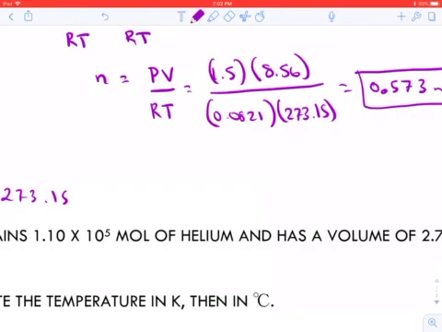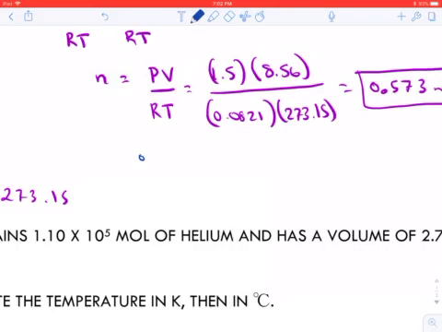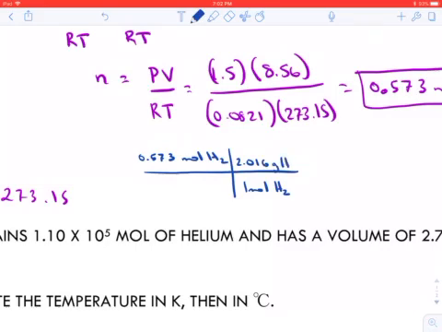Our next step says to convert from moles to grams. So if we have 0.573 moles of H2, we can take that to grams by saying 1 mole of H2, with the molar mass on top, which is 2.016 grams of H2. We found that by taking each H as 1.00794 and multiplying by 2, giving us 2.016.